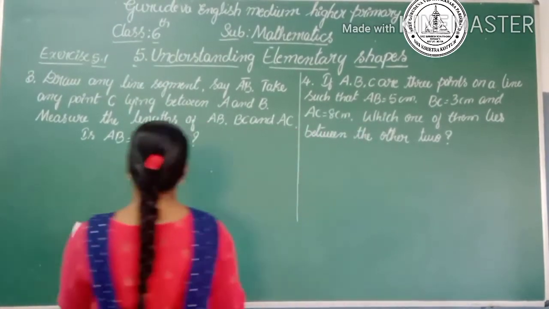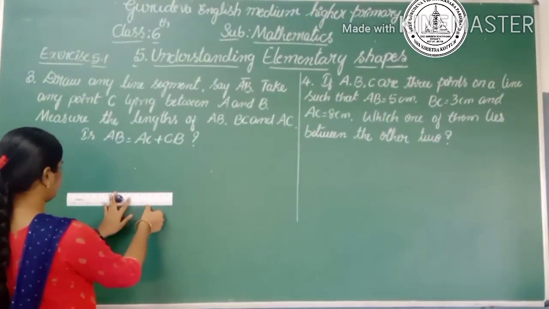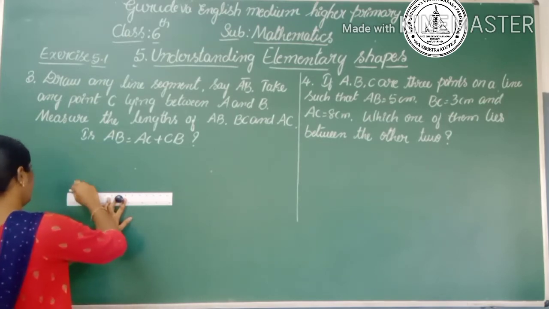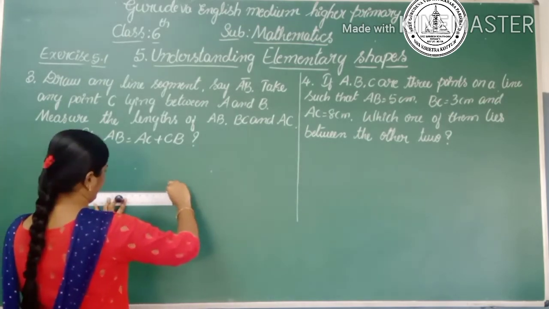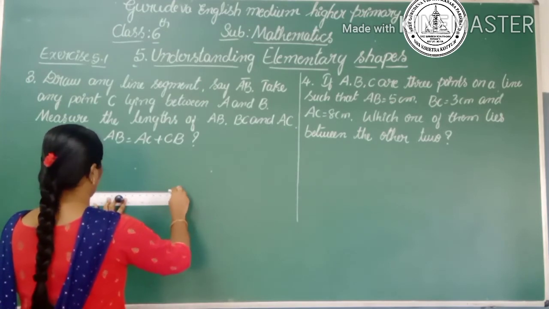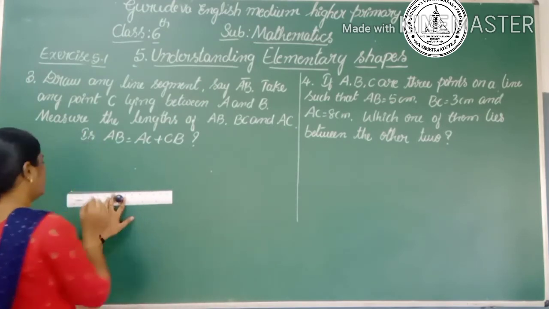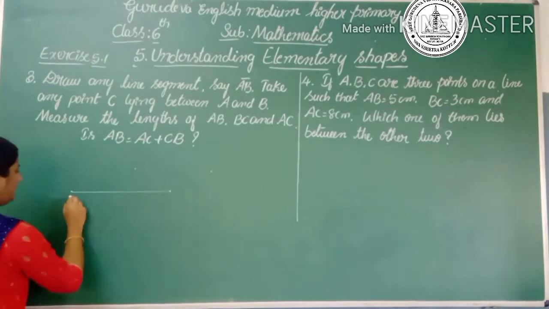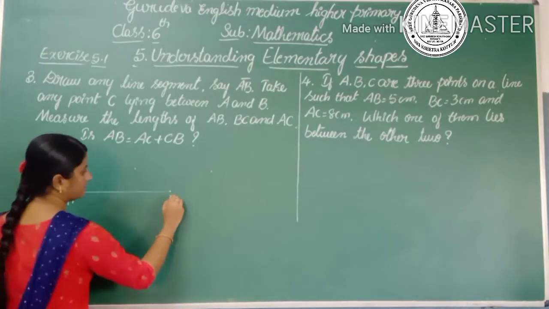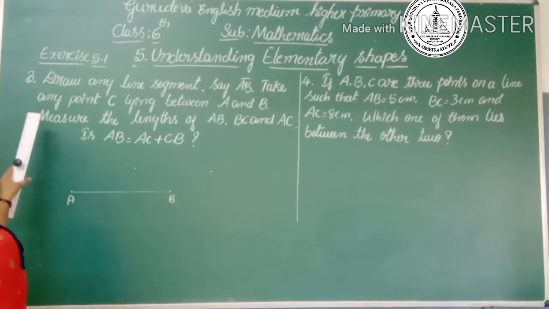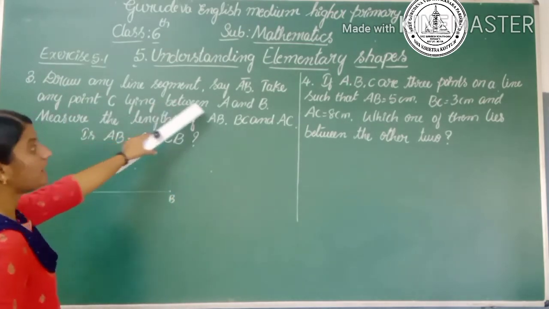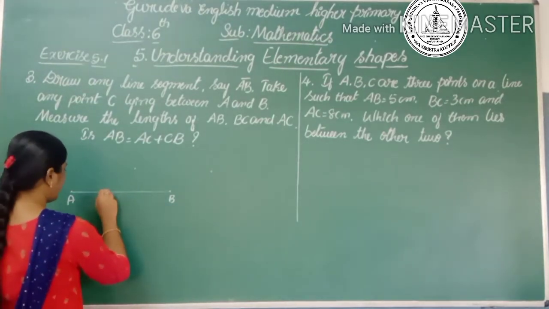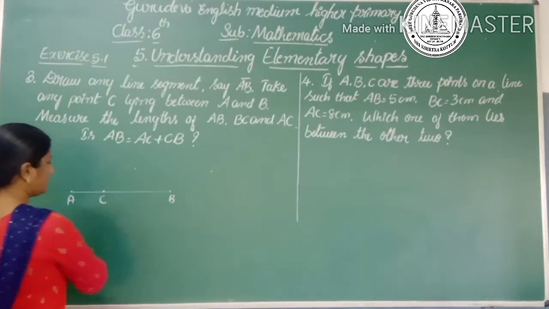Yes, I will draw here line segment AB. It is the line segment AB. And take any point C lying between A and B. So here I will take the point C.